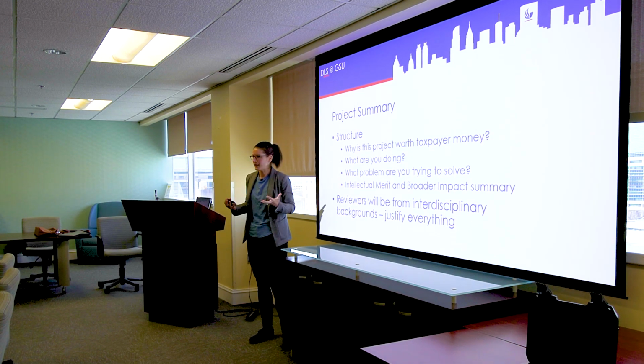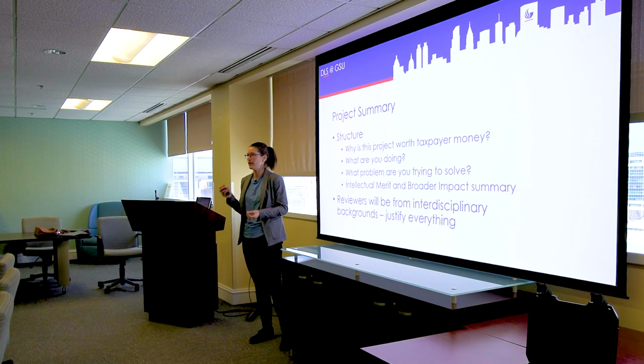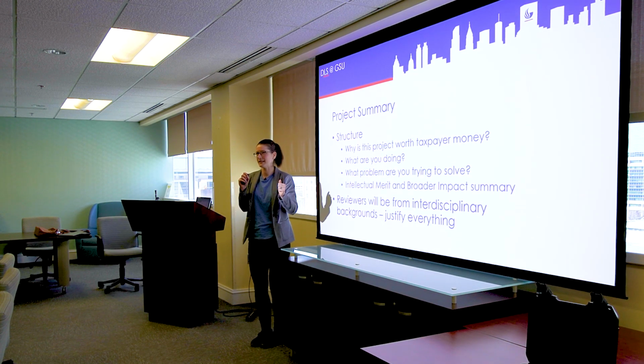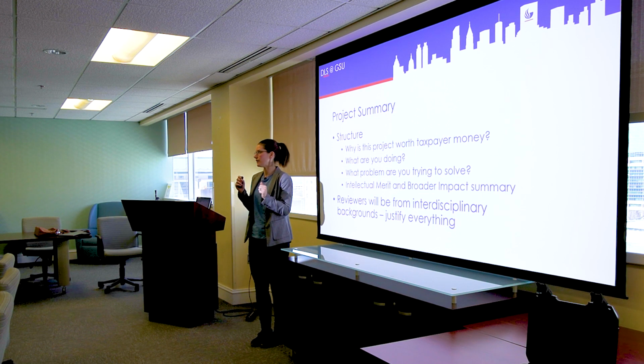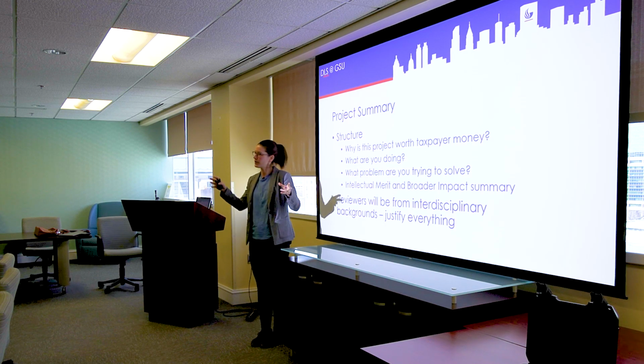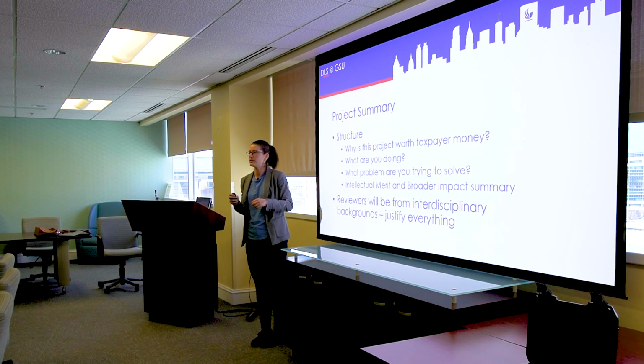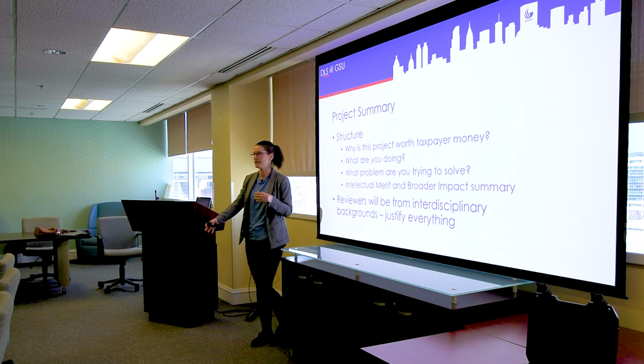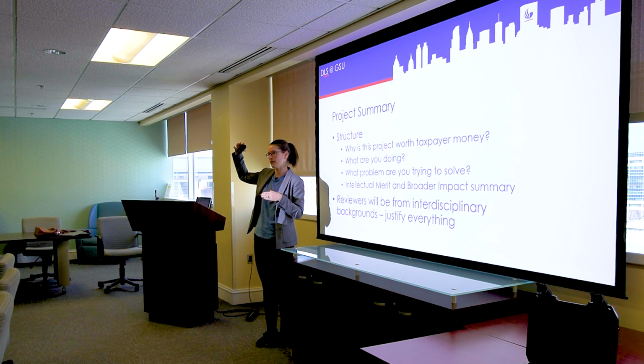You should also obviously include the problem that you're trying to solve. A lot of times this is hard to aim in an NSF proposal because you're not talking to people in your subfield. You're talking to people who are generally related to your field. And so the problem that you're trying to solve needs to be a little bit higher level than what you're used to describing in research papers.